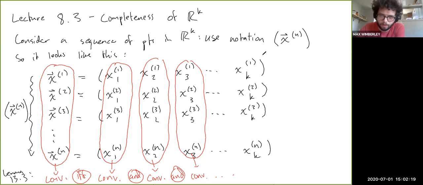So every one of these sequences has to converge.